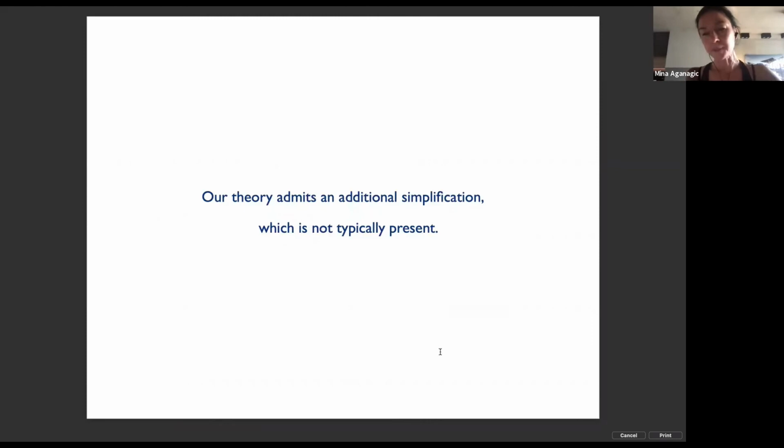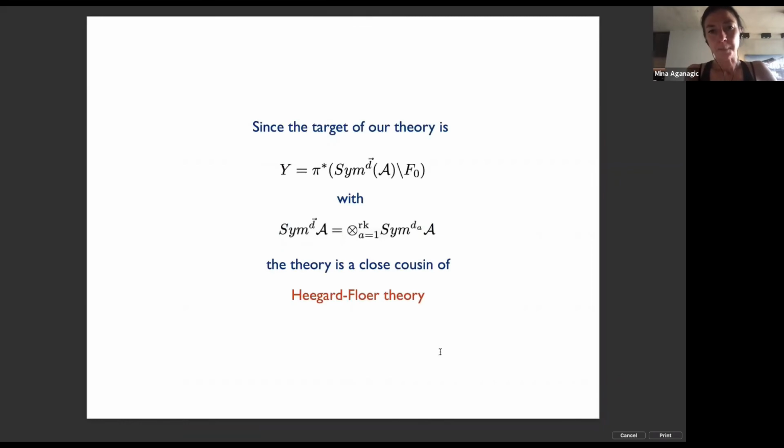Now, our theory admits an additional simplification, which is not typically present. Because so far, essentially everything we said is true for any derived Fukaya-Seidel category or any equivariant derived Fukaya-Seidel category the way I defined it. Since the target of our theory involves symmetric products, our theory turns out to be a close cousin of Heegaard-Floer theory.